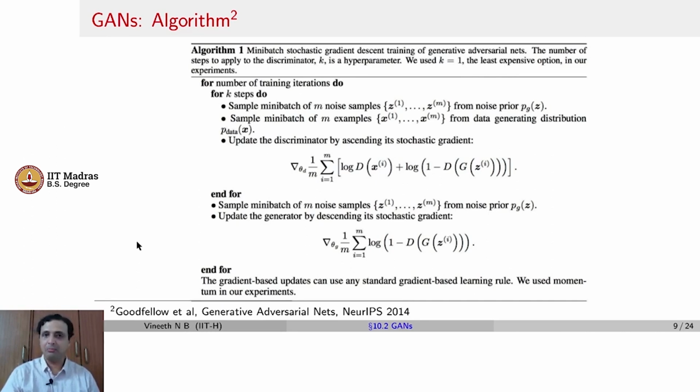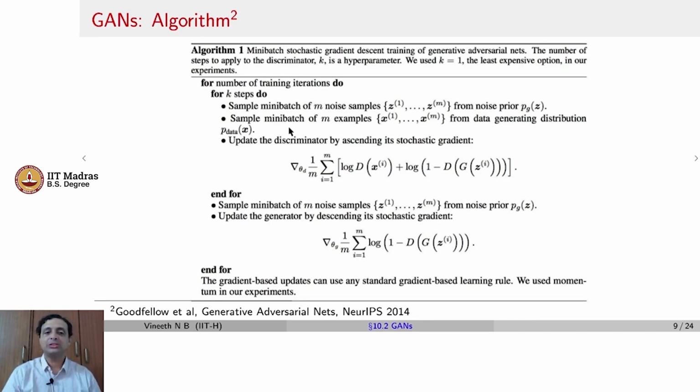So the original paper by Goodfellow recommends that for k steps, you first sample a mini batch of m noise samples from the noise prior, Pg of Z. So remember we had a Gaussian from which we get a few vectors which we call noise samples.